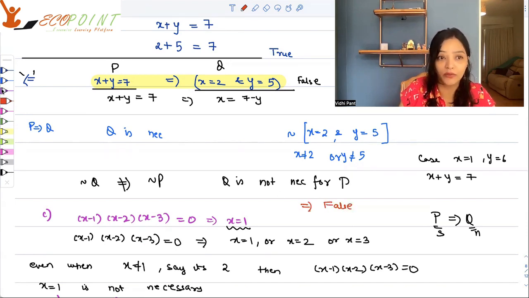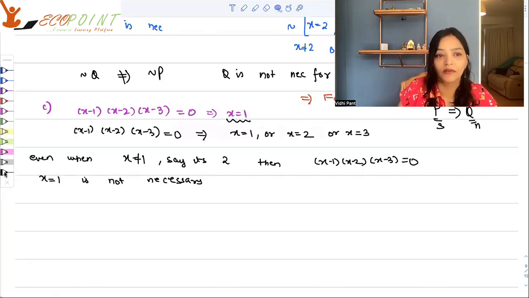What about the other way around? Is the converse true? Well, let's see. The converse says x equal to 1 should imply x minus 1 into x minus 2 into x minus 3 equals 0.